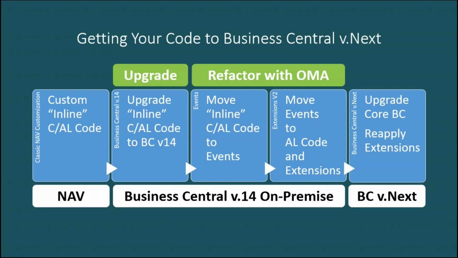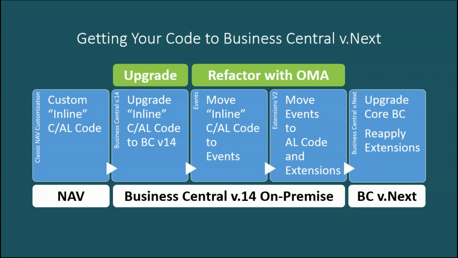So basically move the code for code, so nothing moves. You've got C/AL code from your old version to C/AL code on BC14. So do an upgrade first. Then, while you're in BC14, refactor that code, move that C/AL code to events, all in C/AL code. And once you've got it all evented, then move that to AL code using the converter.